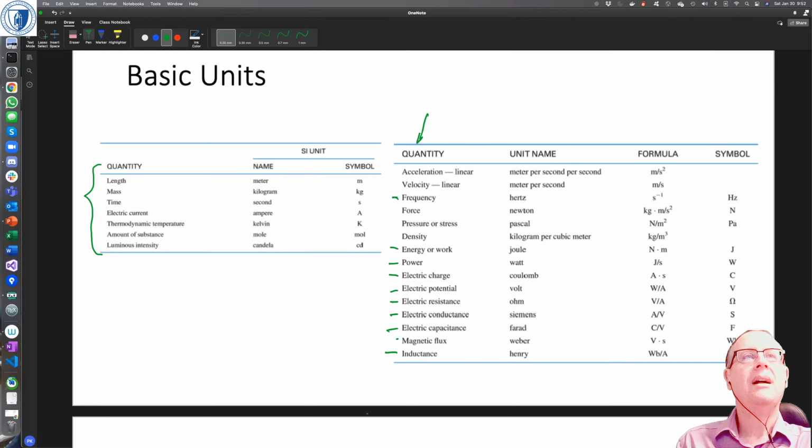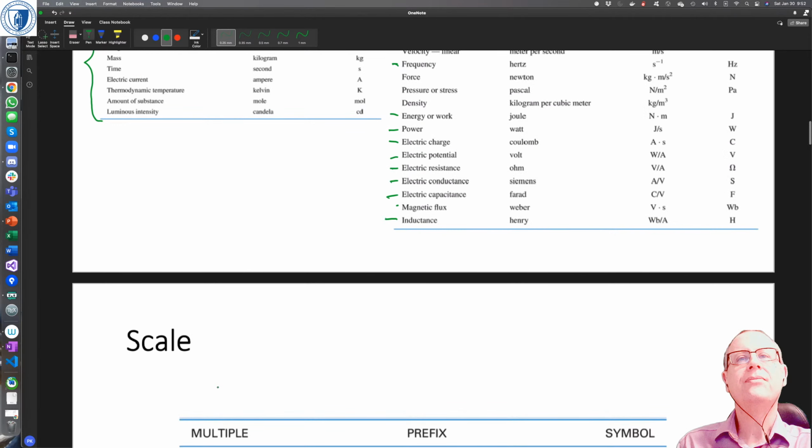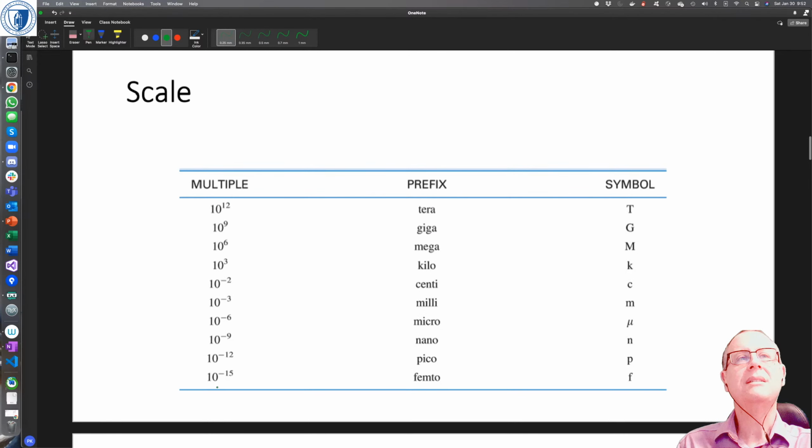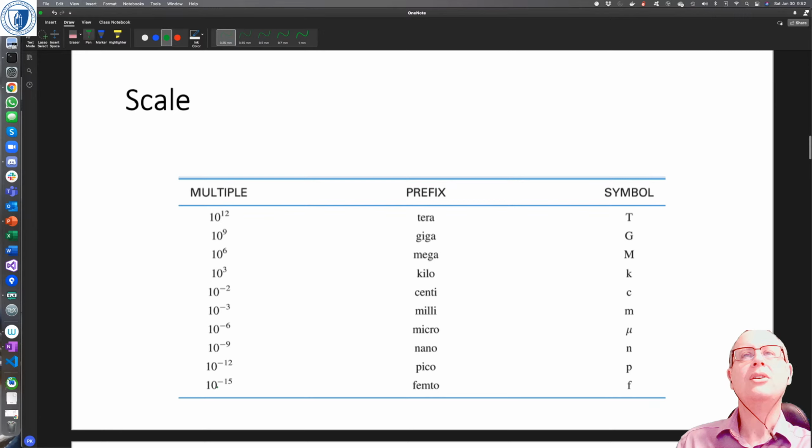And the problem with some of that is scale. The other thing you need to know is the values of the prefixes. You've probably heard of a terabyte of memory. Well, that's 10 to the 12 bytes.